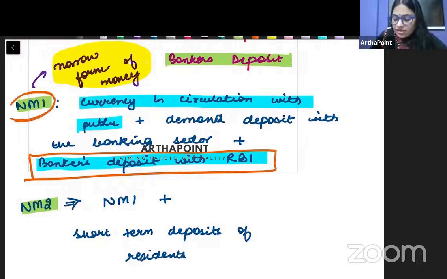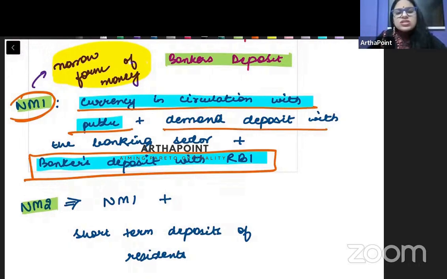So NM1, which is the most narrow form of money, included currency in circulation with the public. It includes demand deposit. Demand deposit, as the word suggests, is those deposits which can be taken back from the bank on demand. मतलब मैं आज जाके बोलूं मेरे को ये पैसा वापस दे दो, मेरा डिपॉजिट निकाल के वापस दो, तो बैंक को देना पड़ेगा. Bank will have to give back your deposit on your demand.